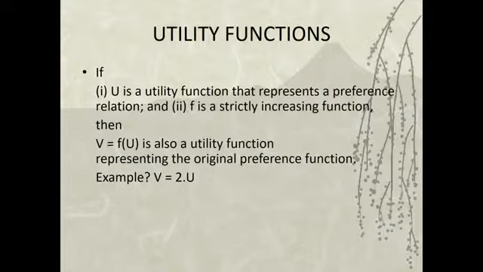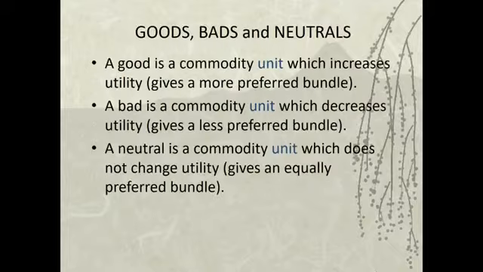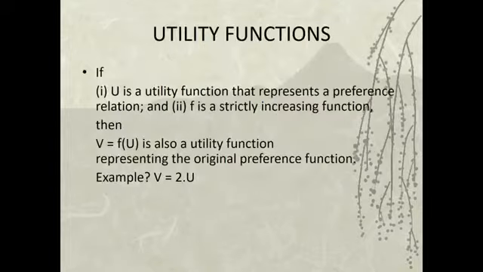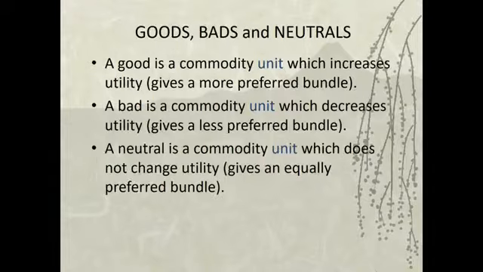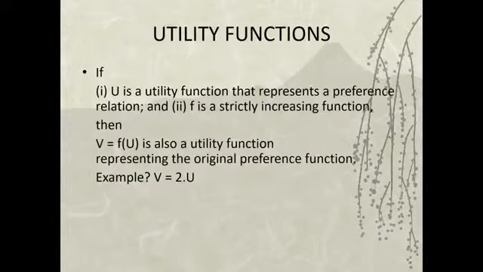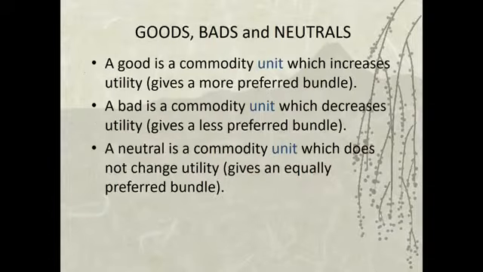So in this case, v is equal to 2u. That is what I would like to show. You can have exercises in intermediate microeconomics wherein you can see different kinds of such examples. And this lecture is also based on Varian.